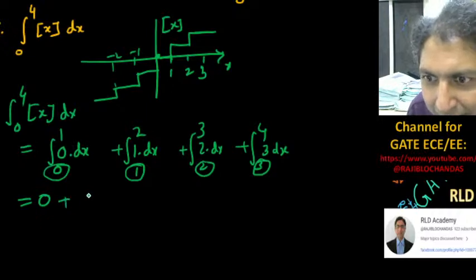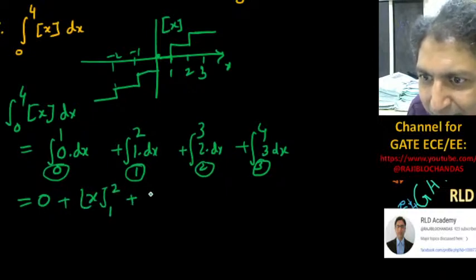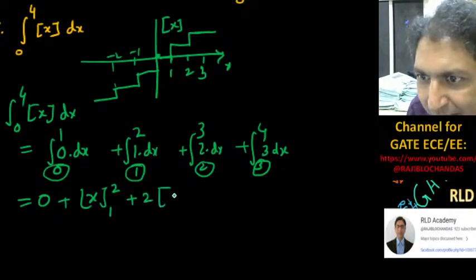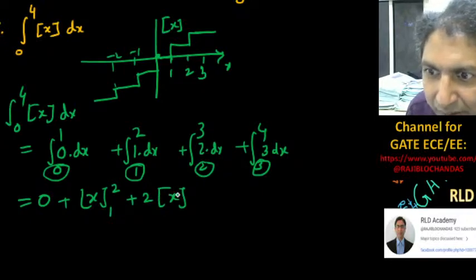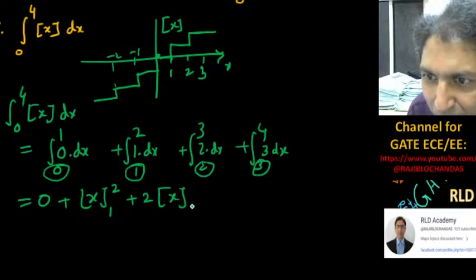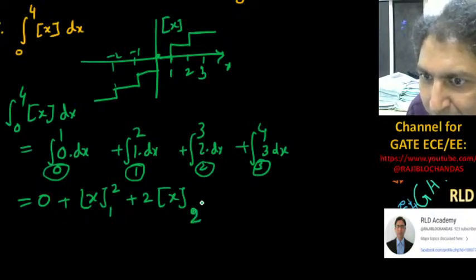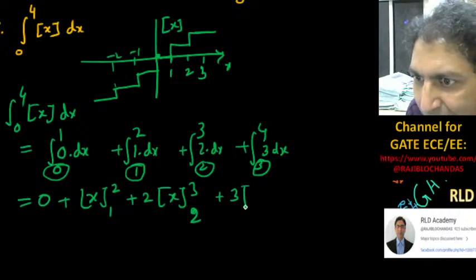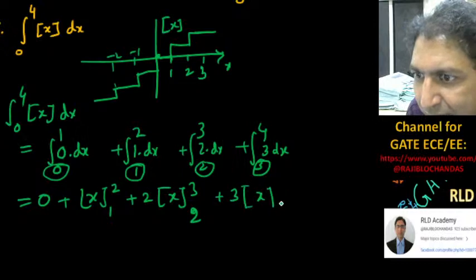Second one, it is simply x within 1 to 2. Next one, 2 times x within 2 to 3. This is a limit. Okay, this is not a greatest integer, be careful. And this is 3 times x within 3 to 4.